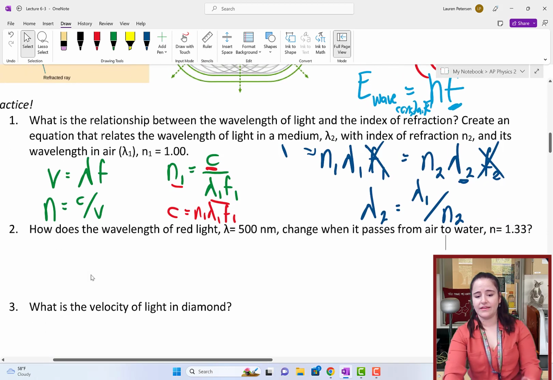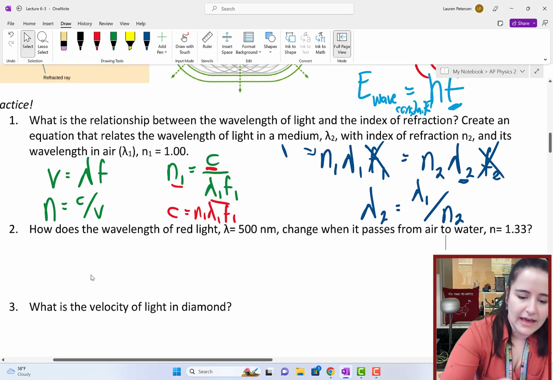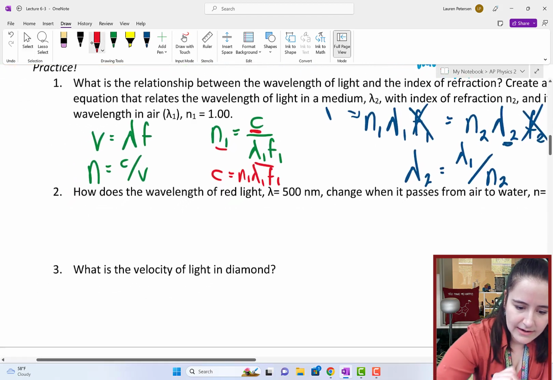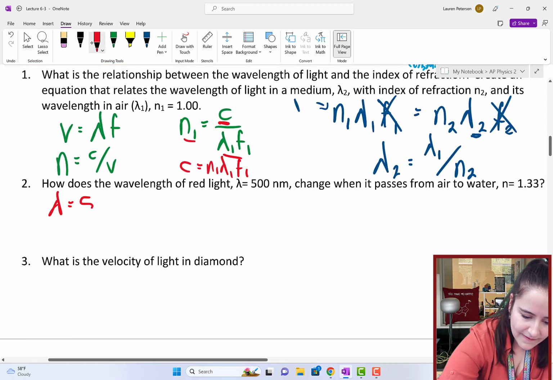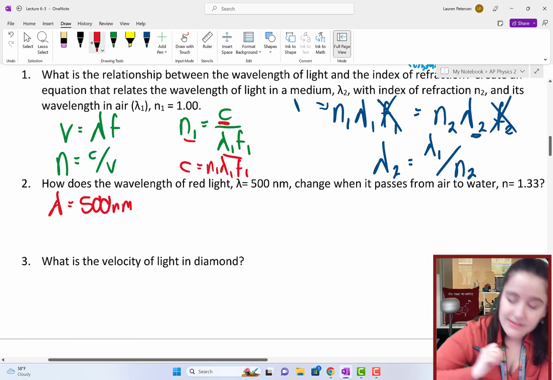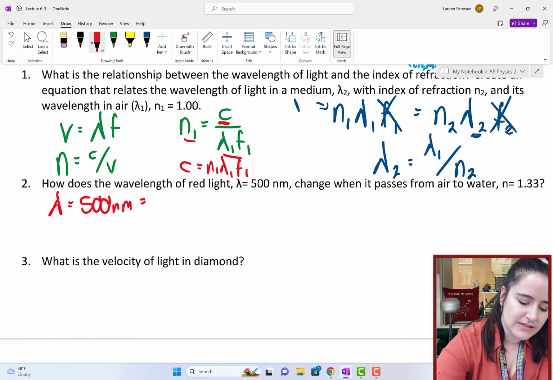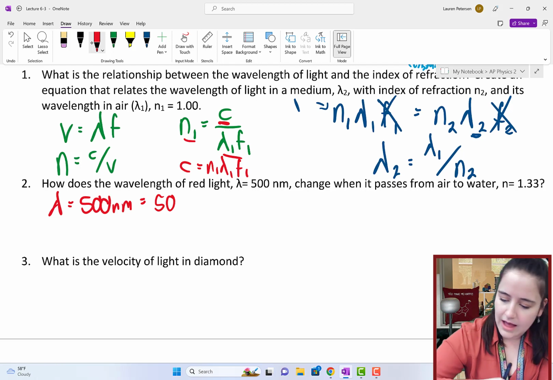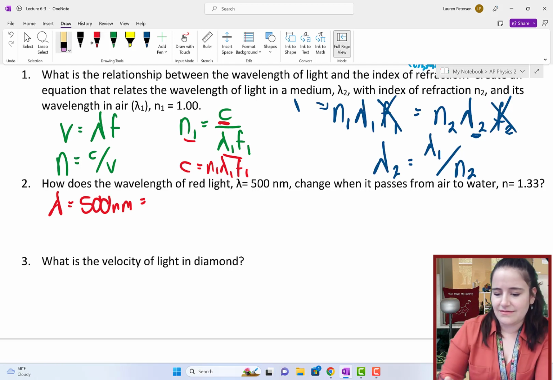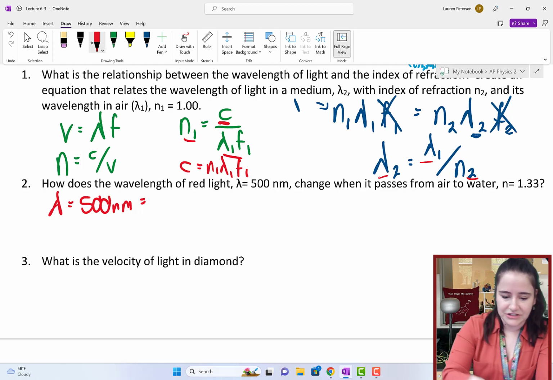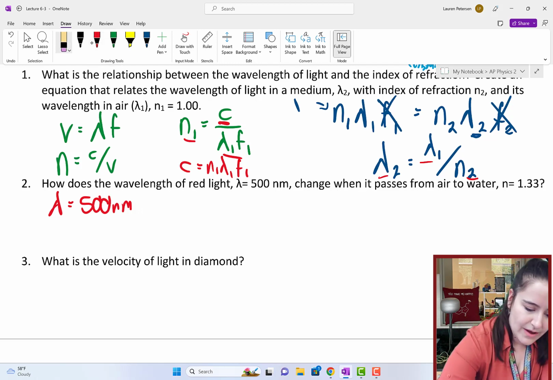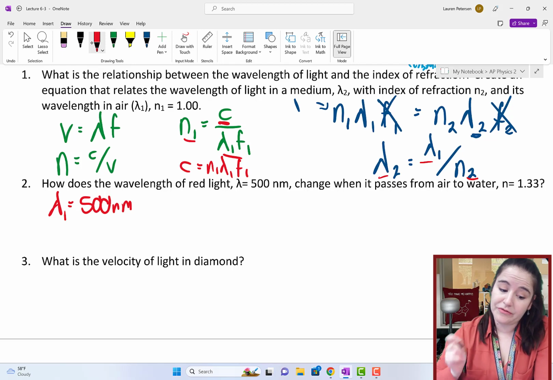How does the wavelength of red light change? So we have red light with a wavelength of 500 nanometers. As a reminder, nanometers is times 10 to the minus 9. But since this is just a ratio and n doesn't have units, we don't really need to convert it. So we have wavelength 1, and it's going from air.